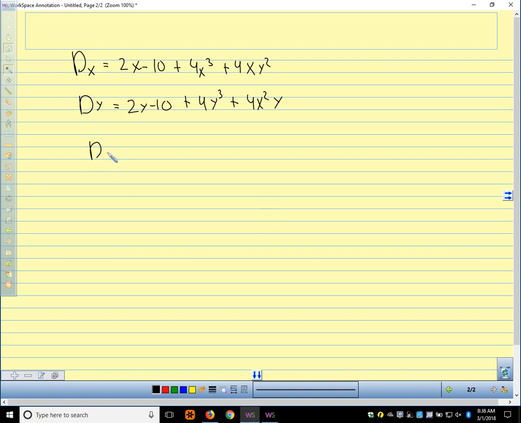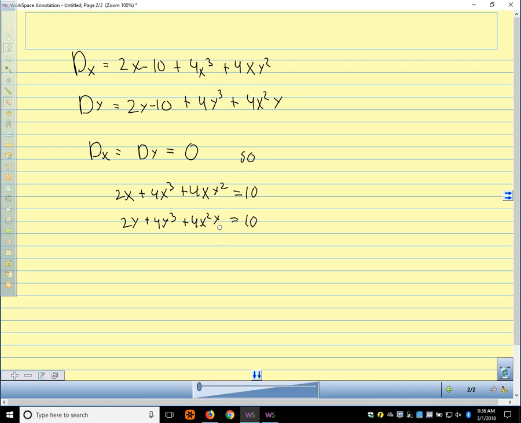So we want d sub x equal d sub y equal to 0. So our system of equations becomes 2x plus 4x to the third plus 4xy squared equals 10, and 2y plus 4y to the third plus 4x squared y equals 10.